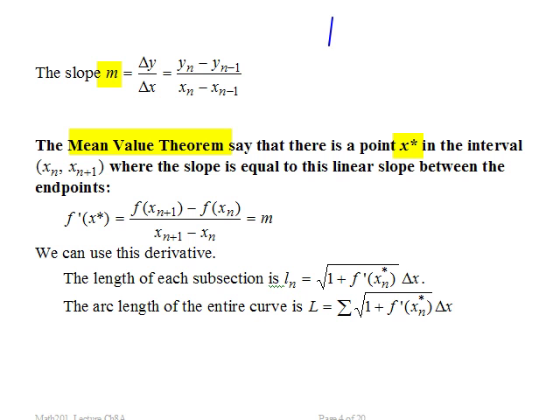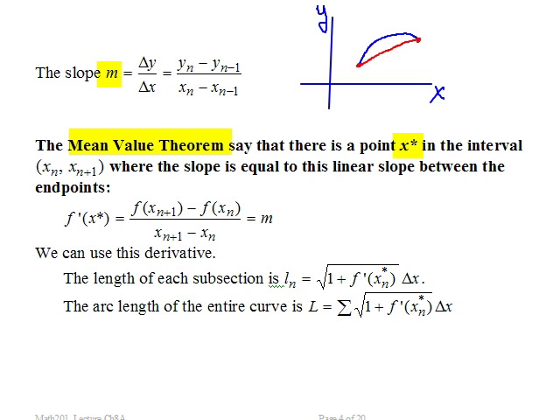So I'll draw a little picture here to remind you of what we're doing. Here's our coordinate system. Here's our function. Now the red is going to be the average slope, the m. I've taken these two endpoints and drawn a line between them. This is exactly what we did when we made that linear approximation for the arc length function.